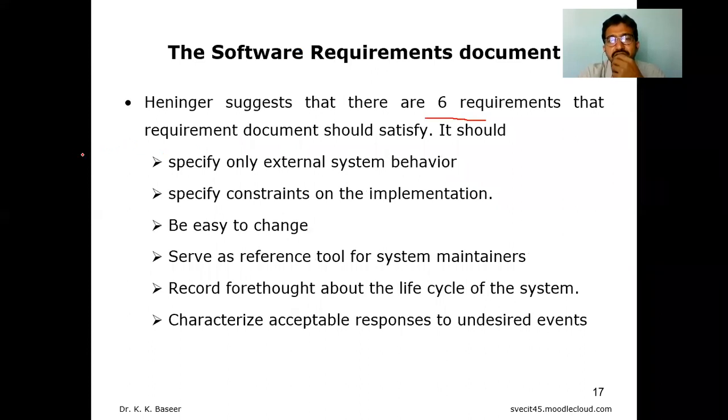The first requirement is that it has to specify only the external system behavior. External system behavior means, once you deliver the product, how we need to operate it, how it looks externally, its shape, its operation, all such external-looking things have to be specified clearly in this software requirement documentation.